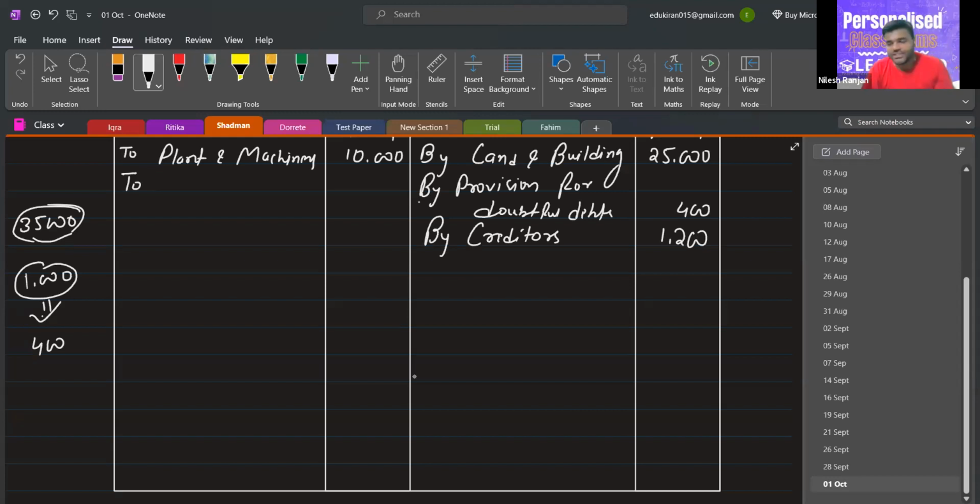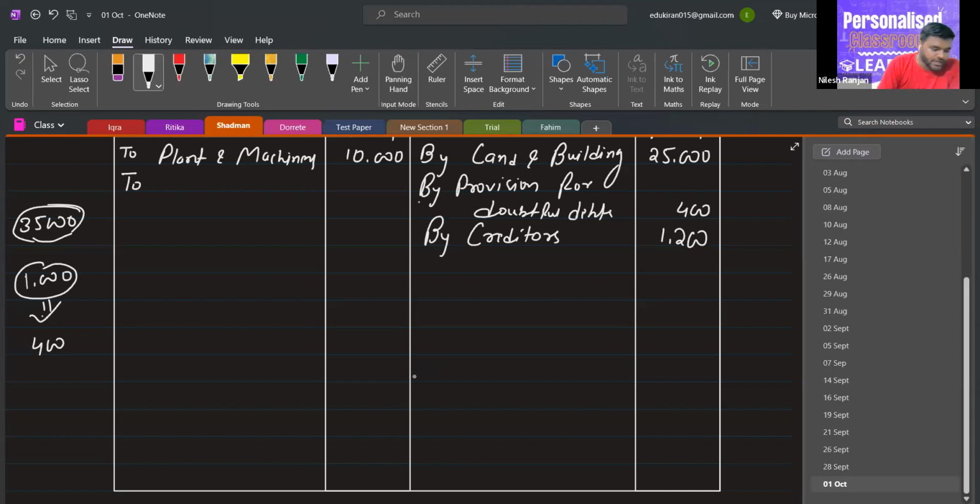Okay. So total amount payable is 70,000. Let's say we have to pay only 65,000. Then it's a profit. So it is the same: in that 70,000, creditors of rupees 1200, we don't have to pay. Okay, sir. Got it.